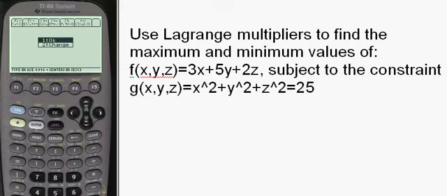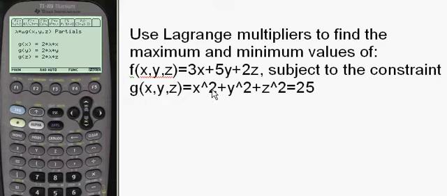I try to cover all the bases on these, and of course the partials for the f of x, y, z is 3, 5, and 2. You can see 3, 5, and 2. That's the partial derivatives of that. And with regard to g of x, we're adding the lambda here, Lagrange multiplier, which is adding lambda to the g of x, g of y, g of z.